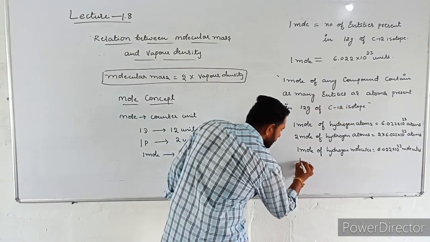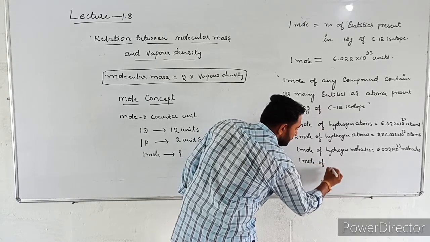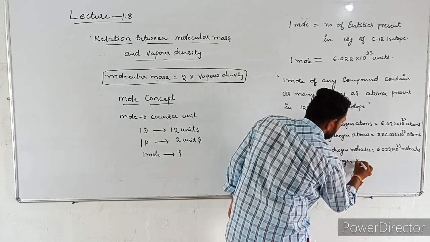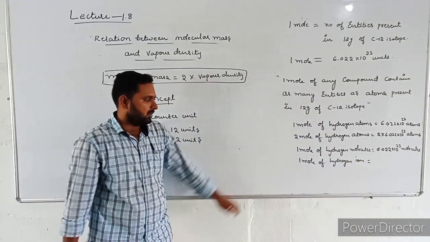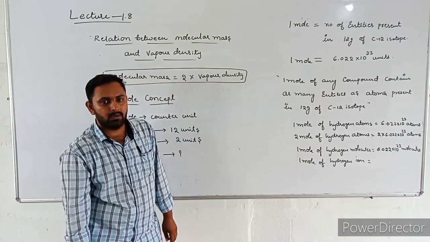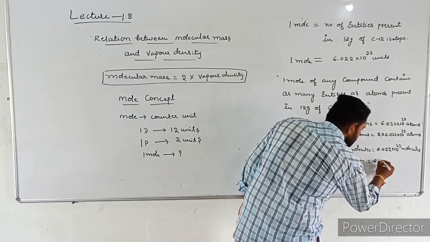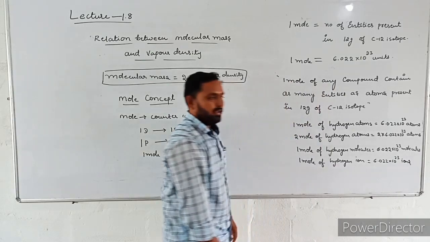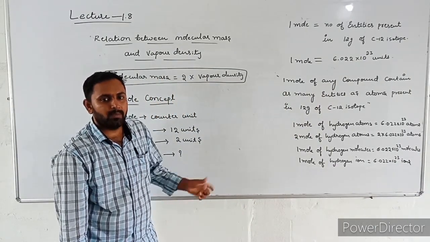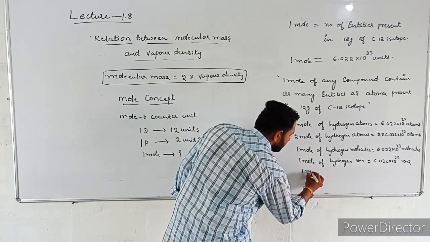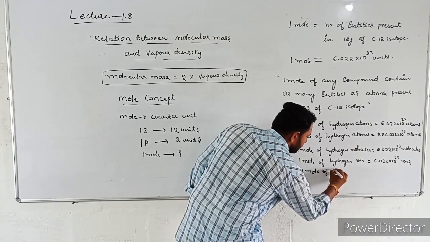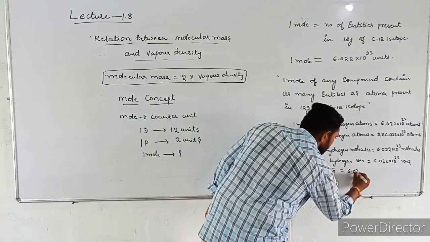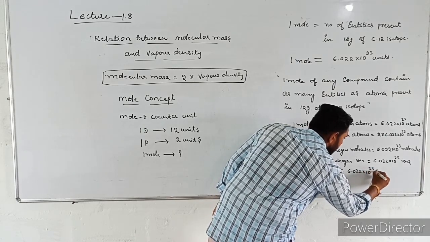Similarly, 1 mole of hydrogen ions is equal to how many ions? 6.022 into 10 power 23 ions. Similarly, 1 mole of electrons is equal to how many electrons? 6.022 into 10 power 23 electrons.